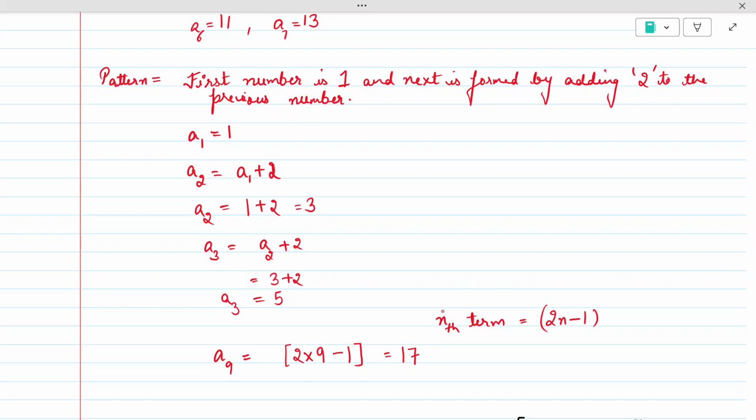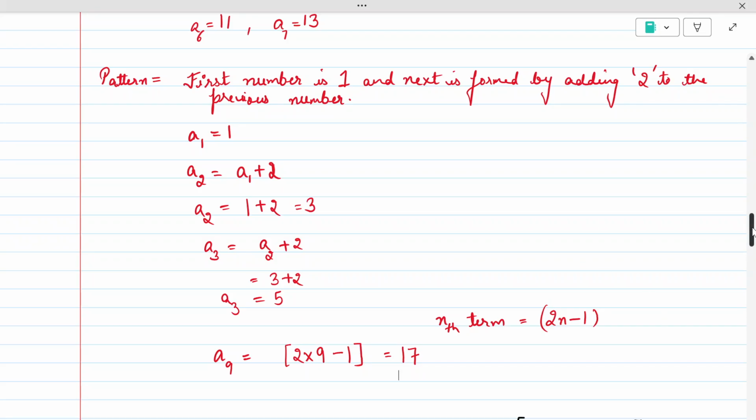So kids, this is the formula which we can use to derive the nth term in the odd number sequence. To find the nth term, we use 2n minus 1, where n is the position given to us, the position where we have to find the number. Like in this case, we had to find the number at ninth position. So we are taking n as 9. It gave us 17.